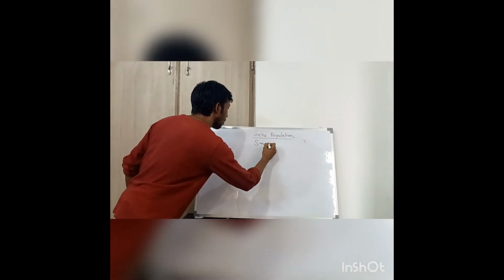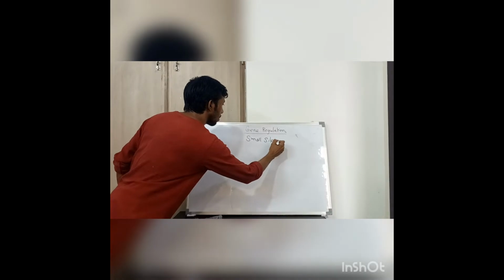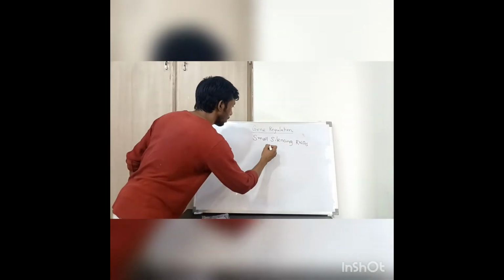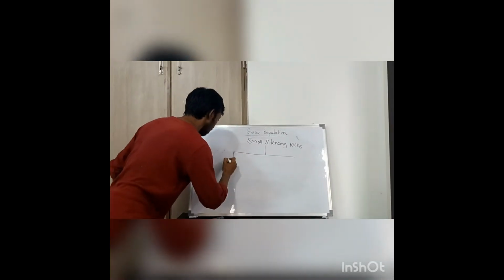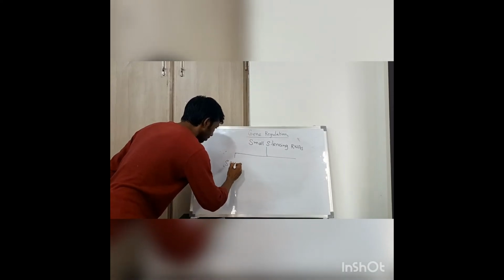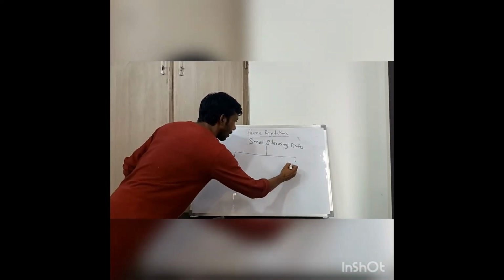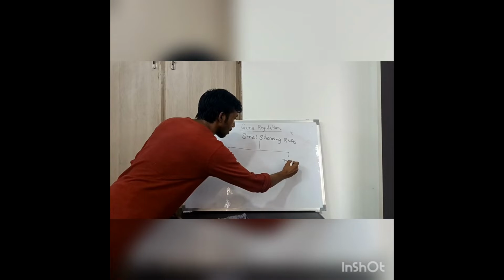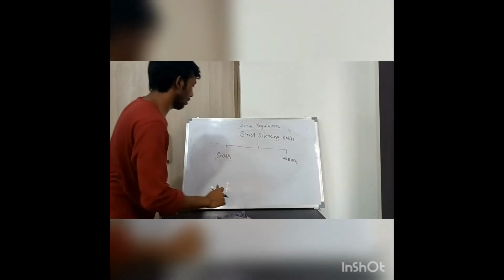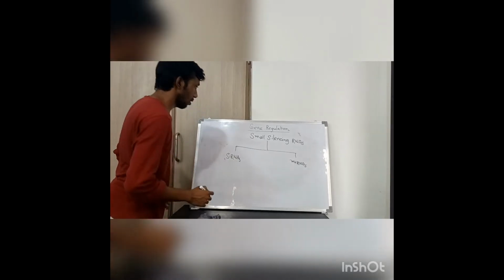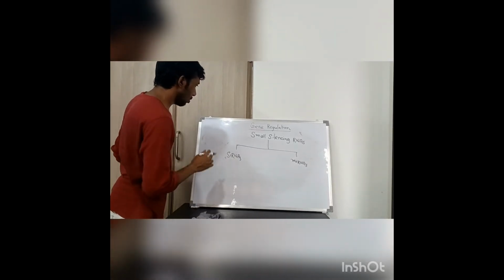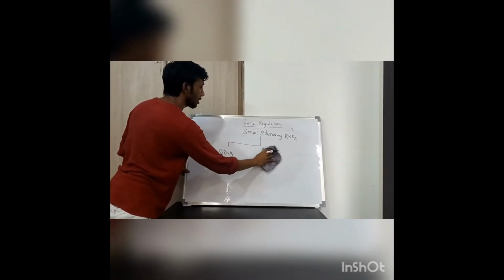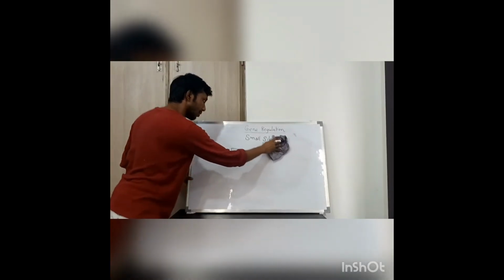Small silencing RNAs are of two types: siRNAs and miRNAs. Now we will focus only on siRNAs, or the siRNA-mediated RNAi mechanism.